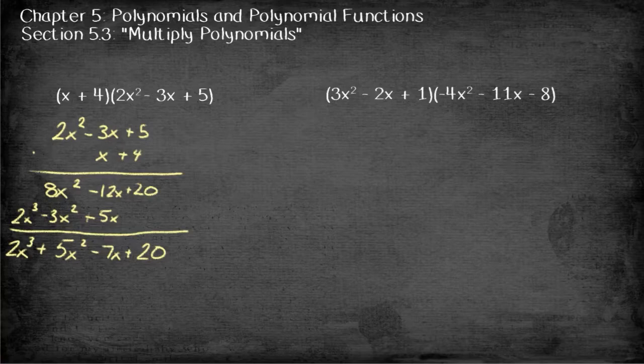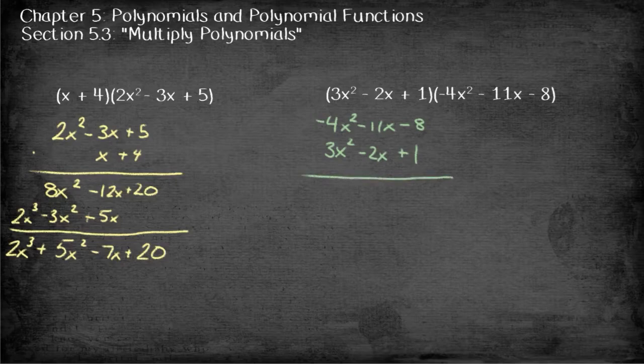Now we have a trinomial times a trinomial. And so obviously the more terms that you're putting in, the longer it's going to take. But this multiplication works exactly the same way. Now, I would just like to point out here that in using this vertical method, we want to make sure that the polynomial that we're using is in decreasing exponent order.